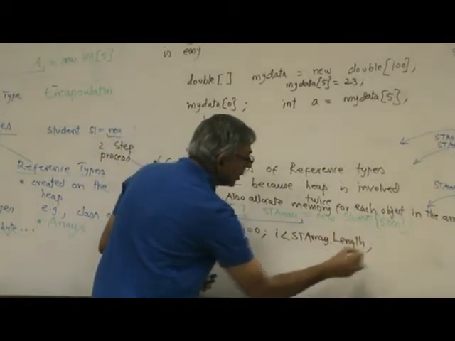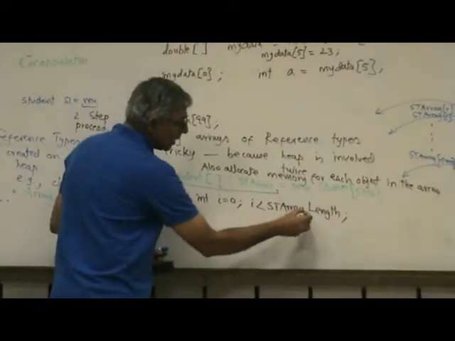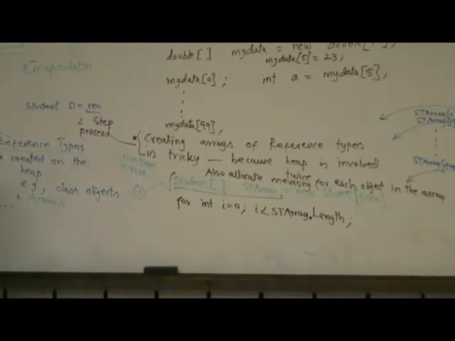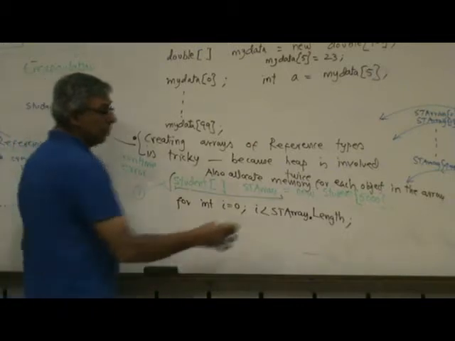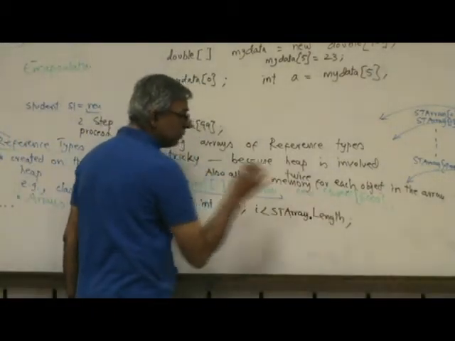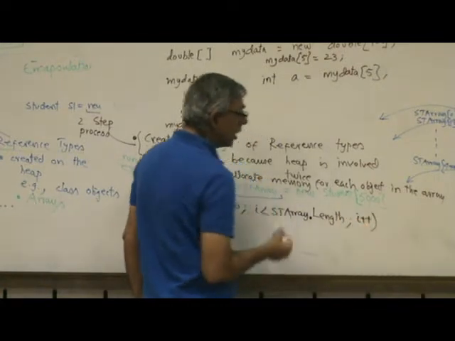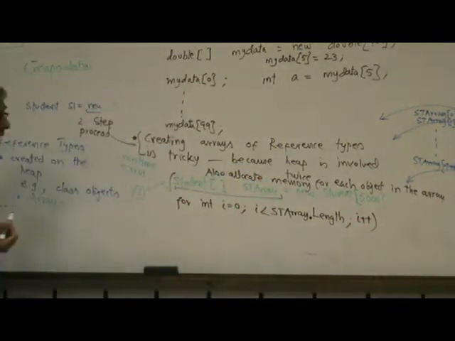So in C#, every array has a length property, very similar to Java. So length tells us how many elements are in the array. In this example, we allocated 5,000, so this will be 5,000. I++ is a shortcut for I equal to I plus 1.